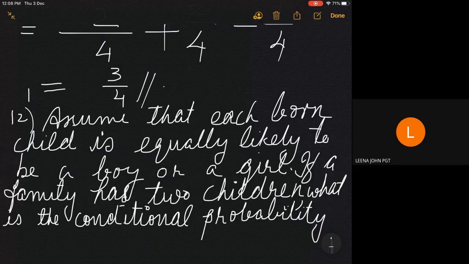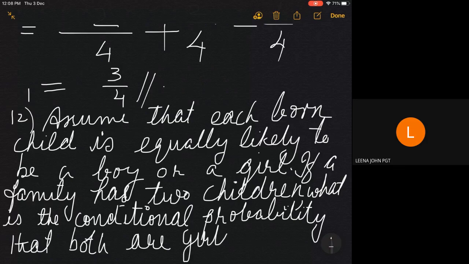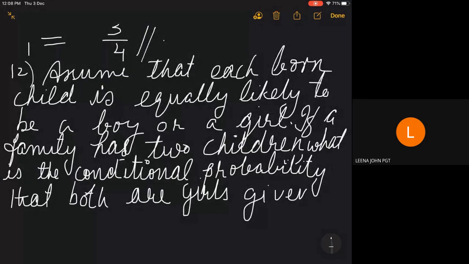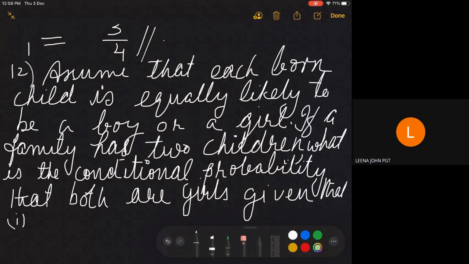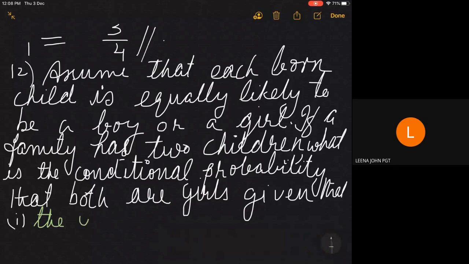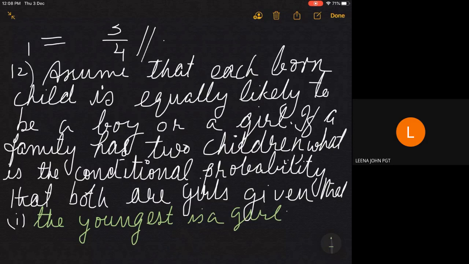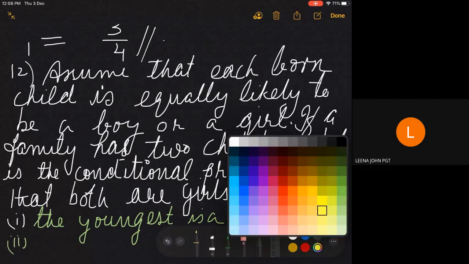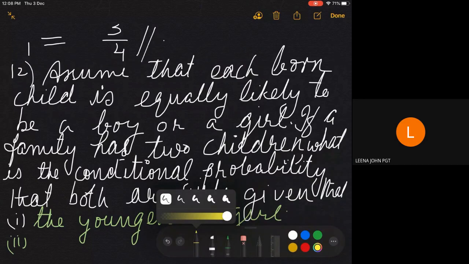What is the conditional probability that both are girls, given that: first one, the youngest is a girl; second, at least one is a girl.